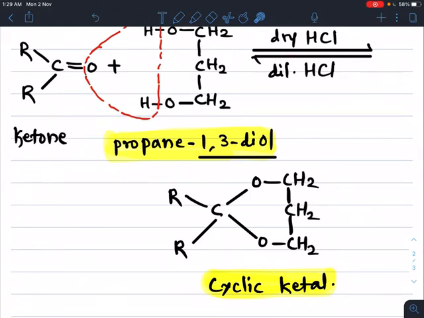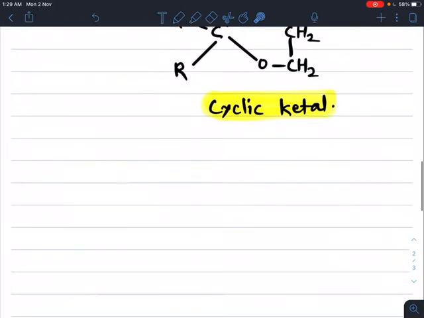Now one more example is there. If we take the example of an aromatic ketone, where Br is bonded to a benzene ring, which is further bonded to a doubly bonded O and CH3.